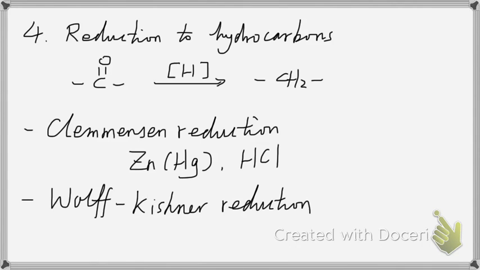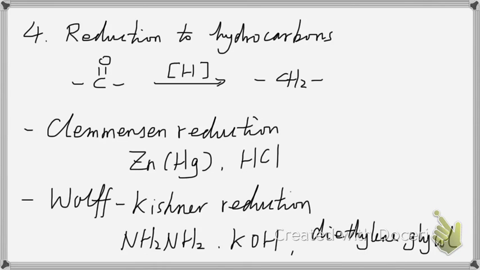The second reaction is called the Wolff-Kishner reduction. The reducing agent is hydrazine, NH2NH2, with KOH, potassium hydroxide, and it typically takes place in diethylene glycol, which is a high boiling point solvent.